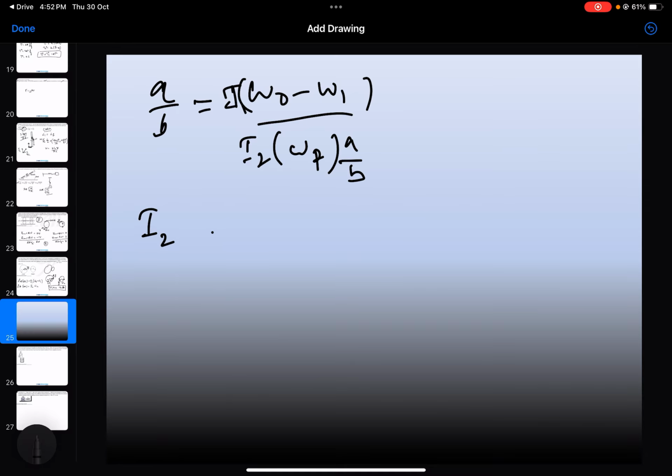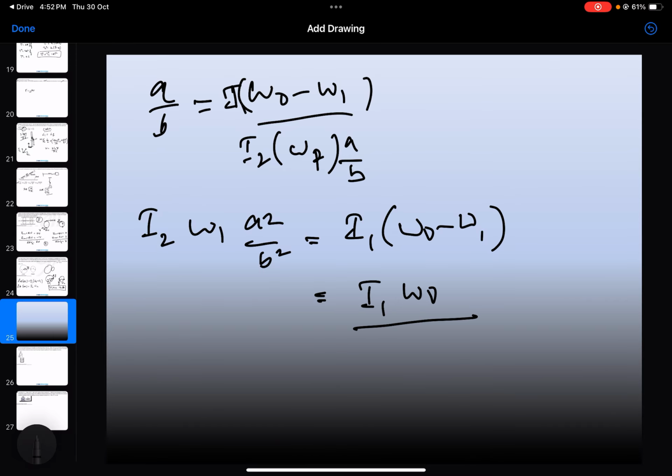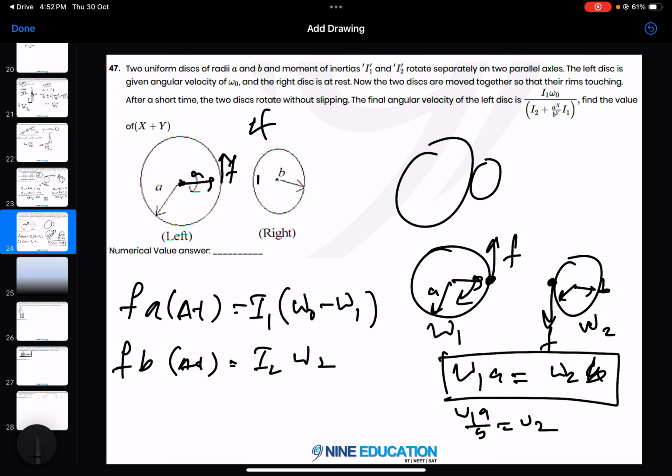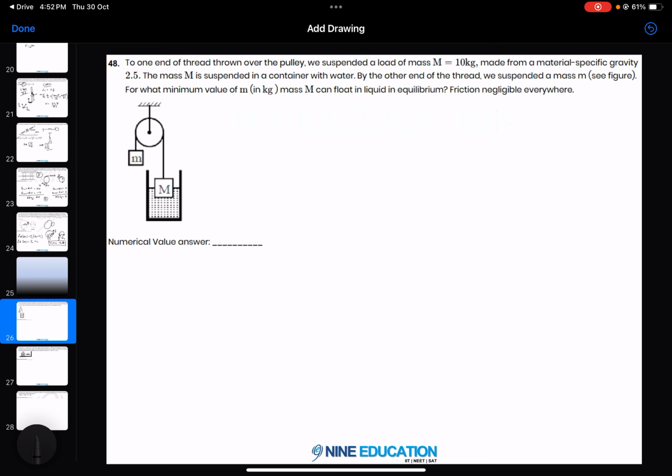So this will be I2 omega 1 a square by b square equal to I1 omega naught minus omega 1. We need omega 1, which will be I1 omega naught by I1 plus I2 a square by b square, taking omega 1 common. They asked, this is X, this is Y. So 2 plus 2 is 4. So the answer is going to be 4.